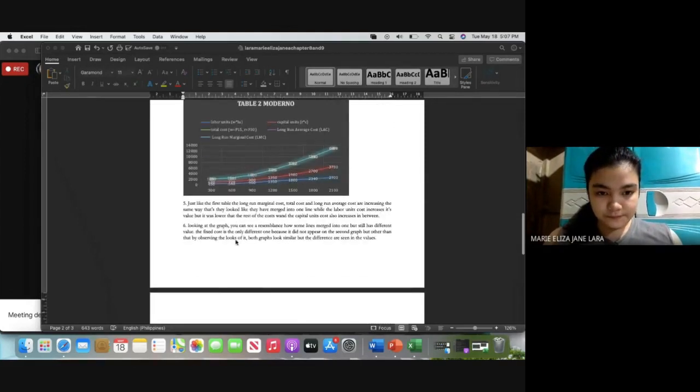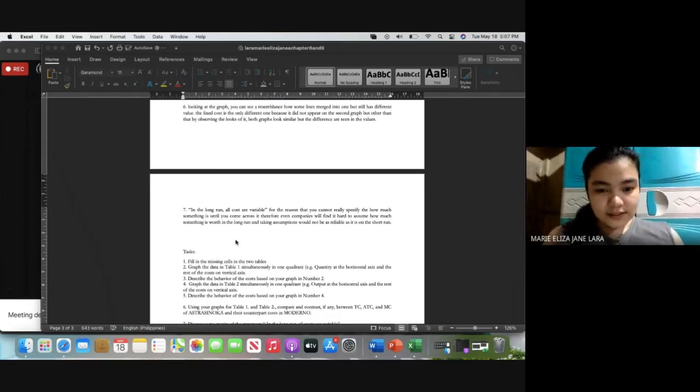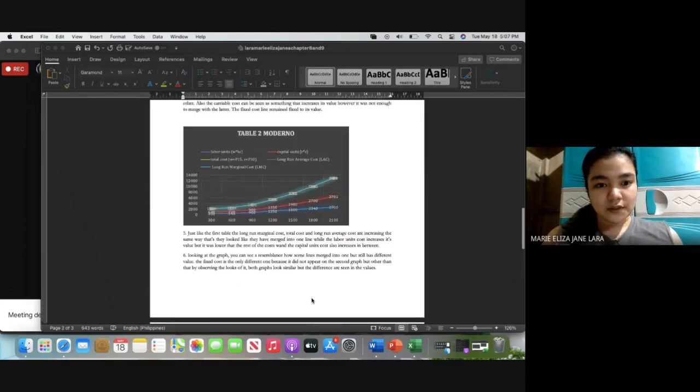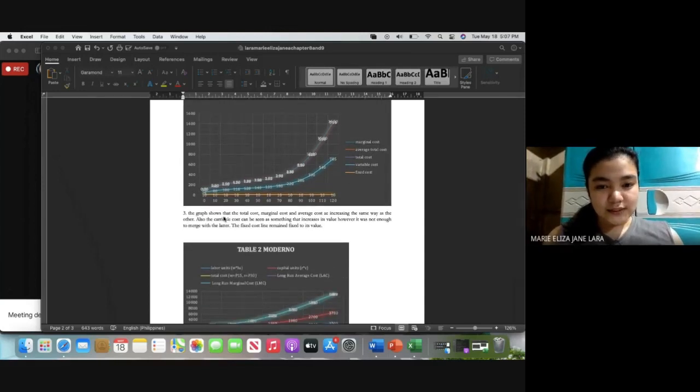For the following tasks after that, we were asked to describe the behavior of the cost based on your graph in number 2 and in number 4. For number 2, the graph shows that the total cost, marginal cost, and average cost are increasing the same way as the other.